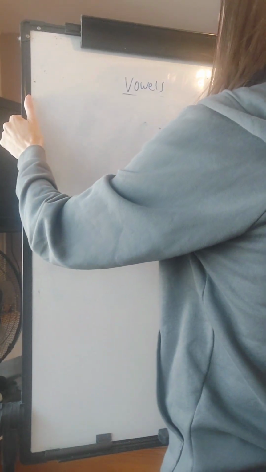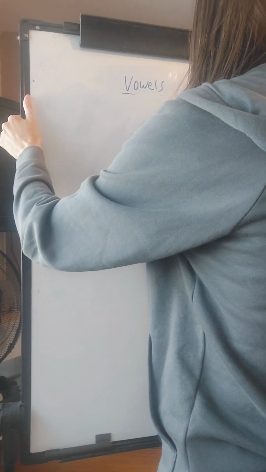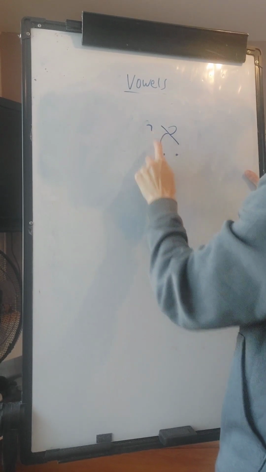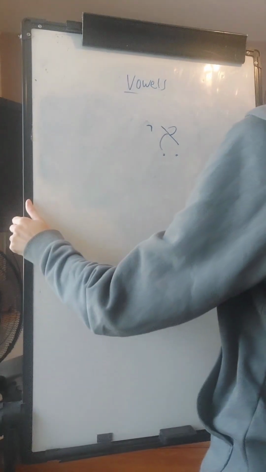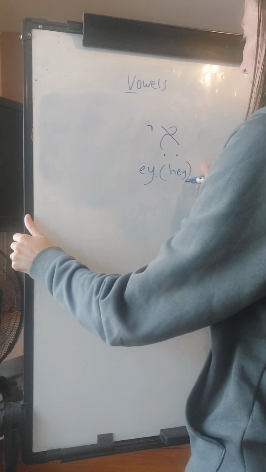And the other one to practice is, if you see the E vowel underneath, which sounds as air, with the Yud, it's read as A, as in the word hey.